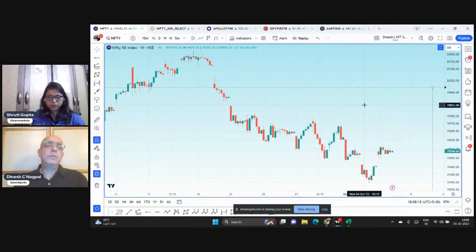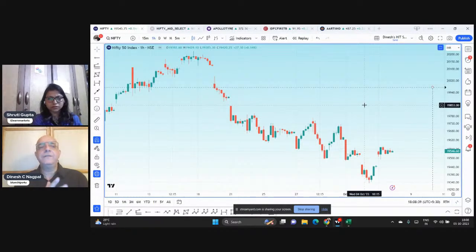One should, especially on an expiry day, not try to run harmonic patterns, or for that matter Elliott wave or those kinds of projections. Don't depend primarily on them on the expiry day, because you have a theta decay factor running against you. And more importantly, look at the spot chart.